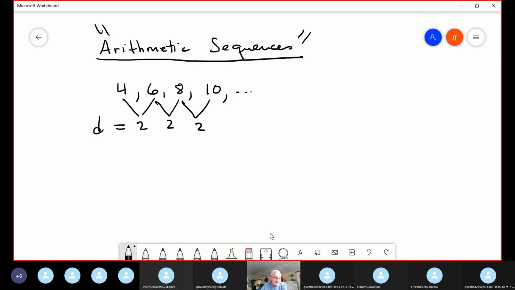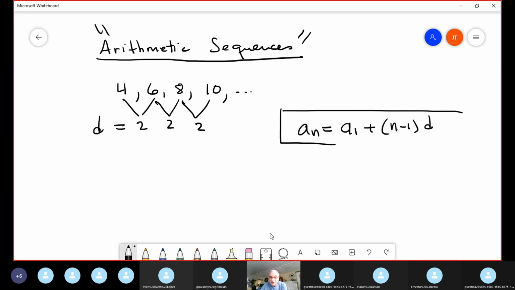We have the explicit formula: A sub N is A sub 1 plus N minus 1 times D. This is the most important formula in the arithmetic sequence, the A sub N explicit formula.